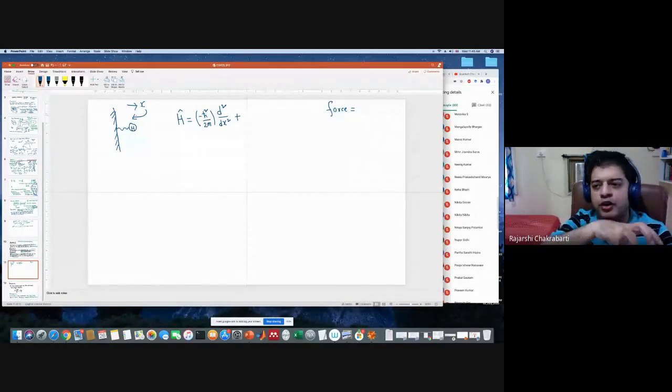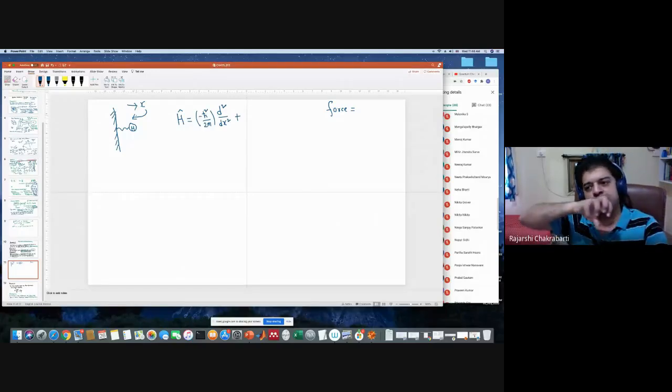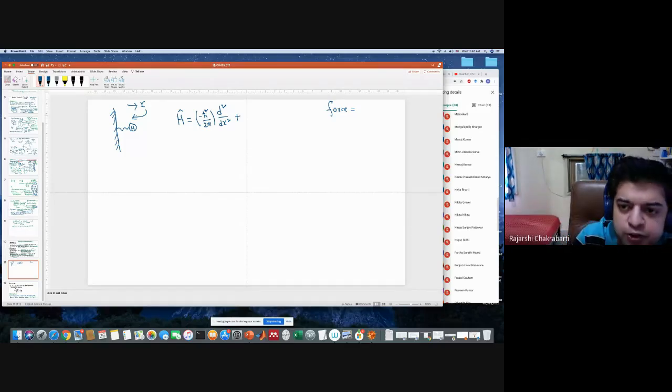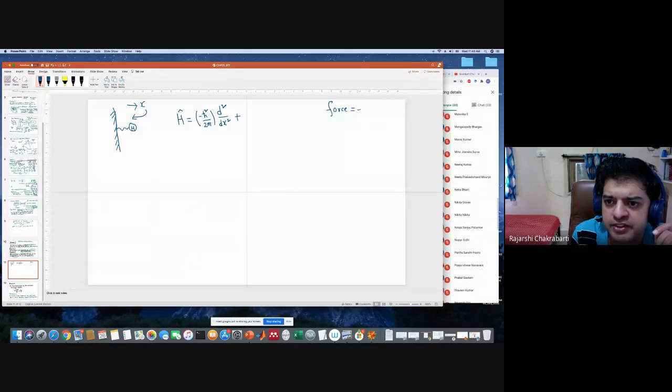You can think of attaching a ball with a spring to a wall and pulling it. When you release it, it will go back to the wall. So there is a restoring force towards the wall, and this restoring force is proportional to the displacement. But since it is a restoring force, it has a minus sign. And the displacement, I am calling it x. x is the displacement away from the equilibrium position.